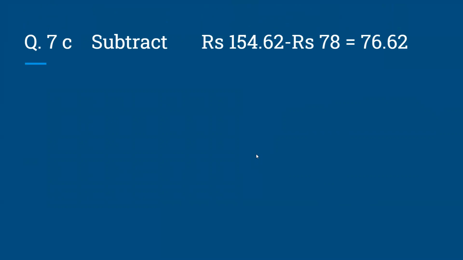Now take the next example, that is subtract 154.62 minus rupees 78. Look here. The first number, the bigger number, is having 2 digits after decimal, but the smaller number is having only the whole number, that is 78. No decimal number is there. So students, when there is no decimal number, what we will do?